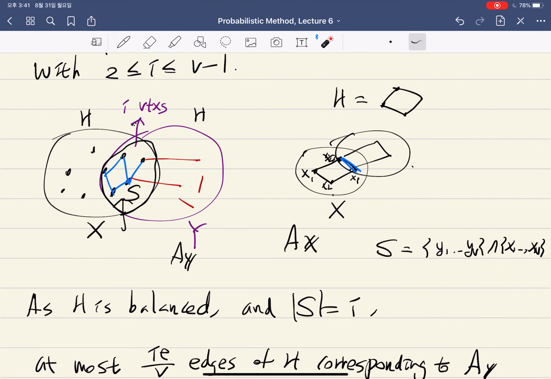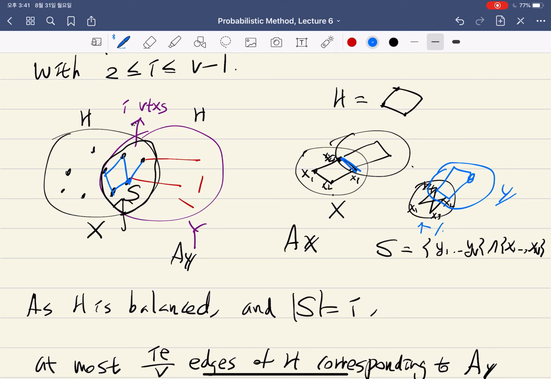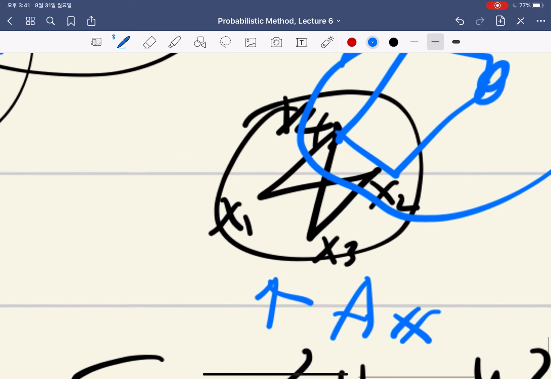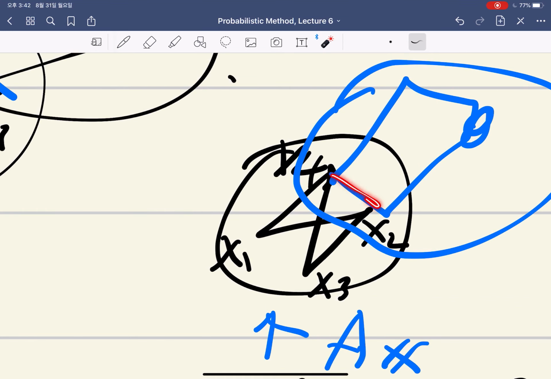But it could be the case that, let's say, X1, X2, X3, X4, and for Y, we need to have these 4 edges. AX actually does not assume whatever happens here.